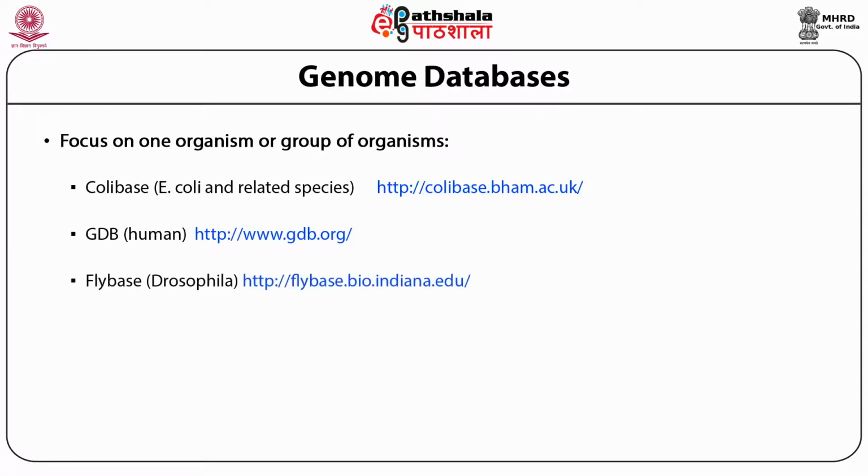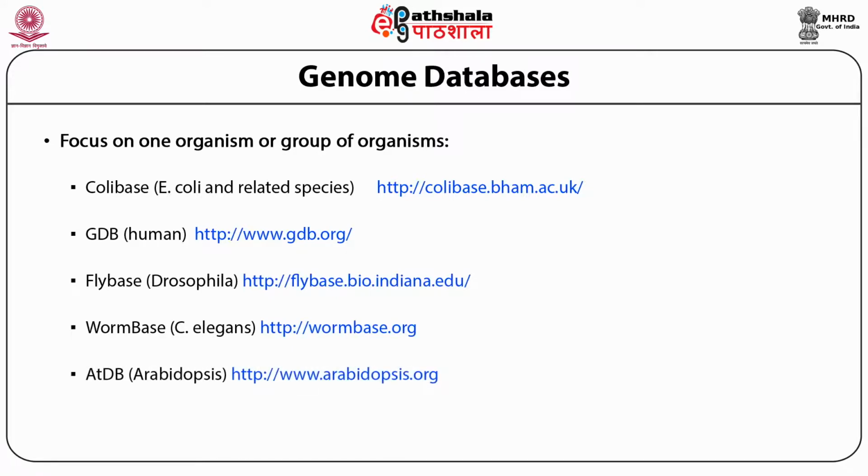Then FlyBase contains the data sets of the Drosophila genomes. Then WormBase contains information about the C. elegans genome. AtDB has information about Arabidopsis thaliana, and SGD has genomic information about Saccharomyces cerevisiae. These are the specialized databases which have genomic information about a particular organism.